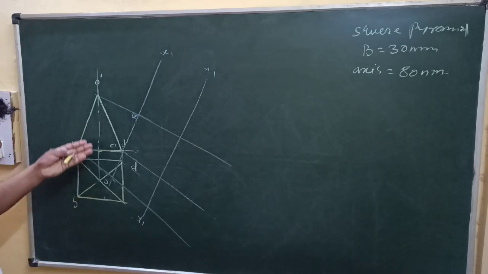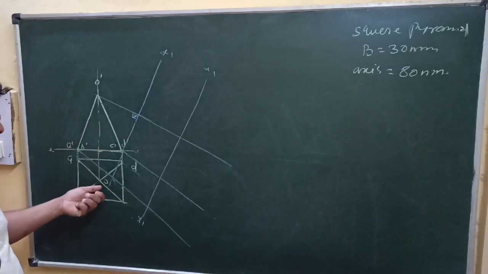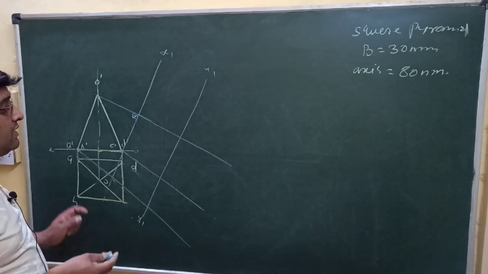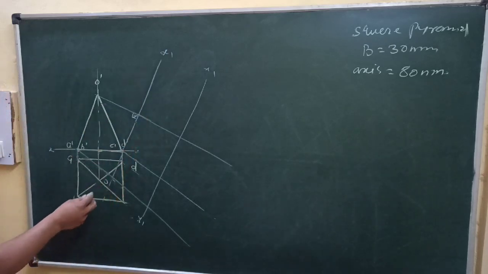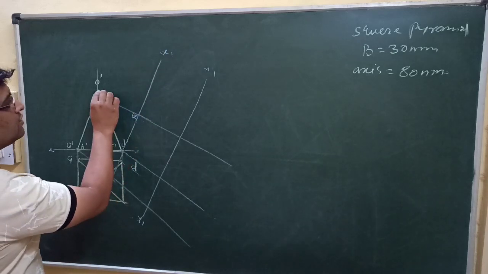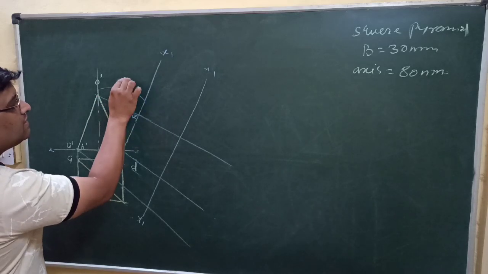So I have already drawn the pyramid in simple position here like this, and as per our rule of auxiliary planes method, rather than tilting this object, we have to draw another axis, say x1 y1 here at the required angle, because the axis is making an angle of 30 degrees with the HP.